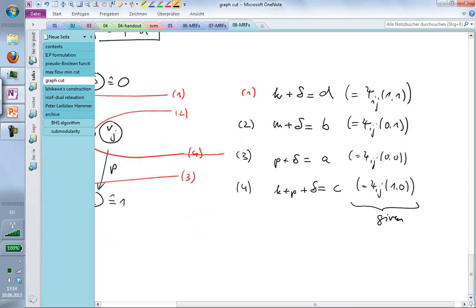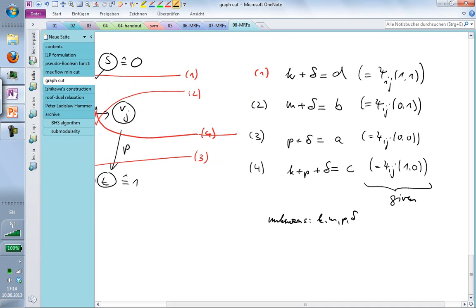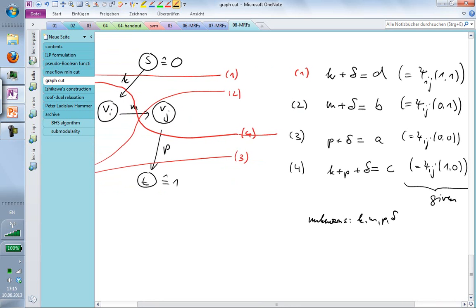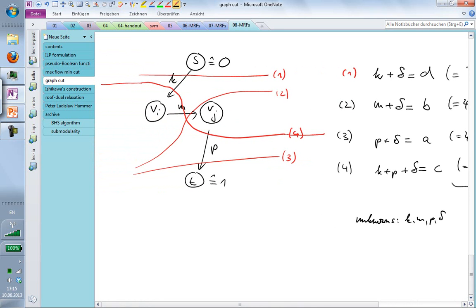The unknowns are K, M, P, and delta. And we have 4 equations, so we can determine the value of these 4 unknowns, or we can express the capacities in terms of the original potentials.